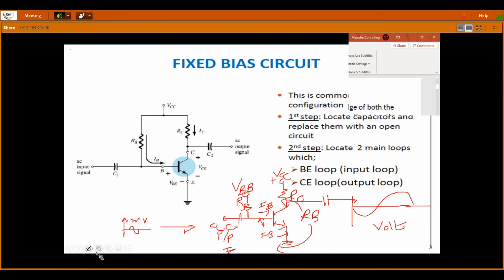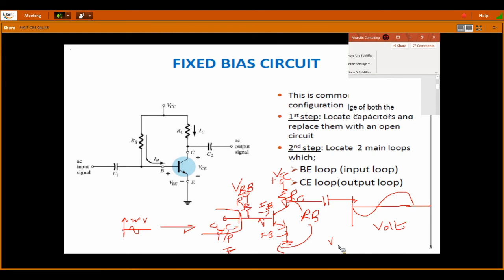Now I will discard this portion. As your capacitors are open circuited for the DC analysis, your AC signal is disconnected from this circuit.